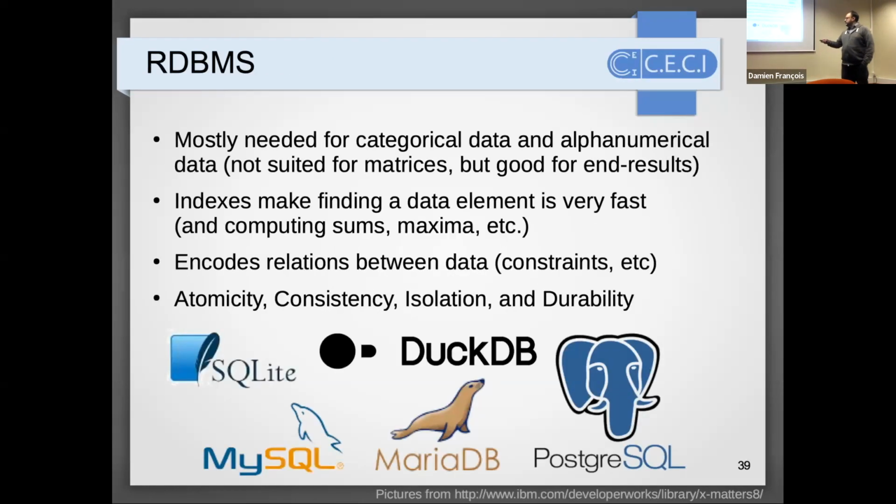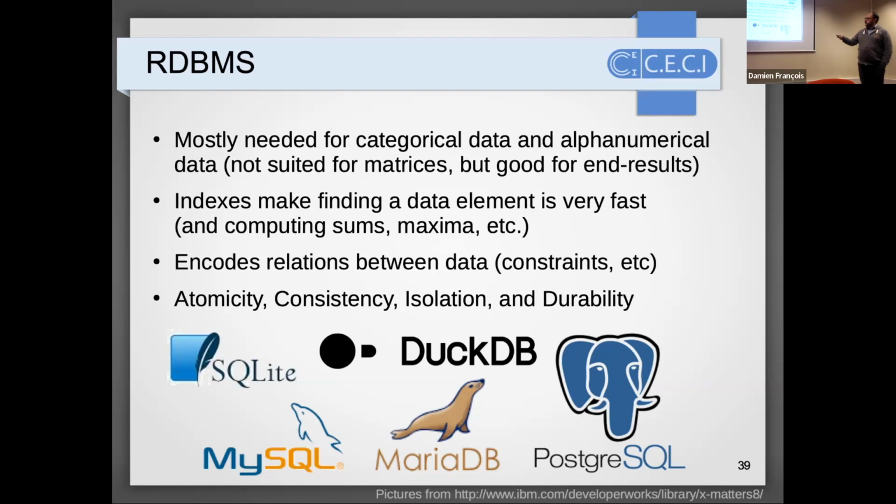Here are examples. I'm sure you've heard about MySQL, for instance, or SQLite. They are mostly needed for categorical and alphanumerical data, so not much suited for matrices. But if you have strings or categories, it's a nice way to store them.